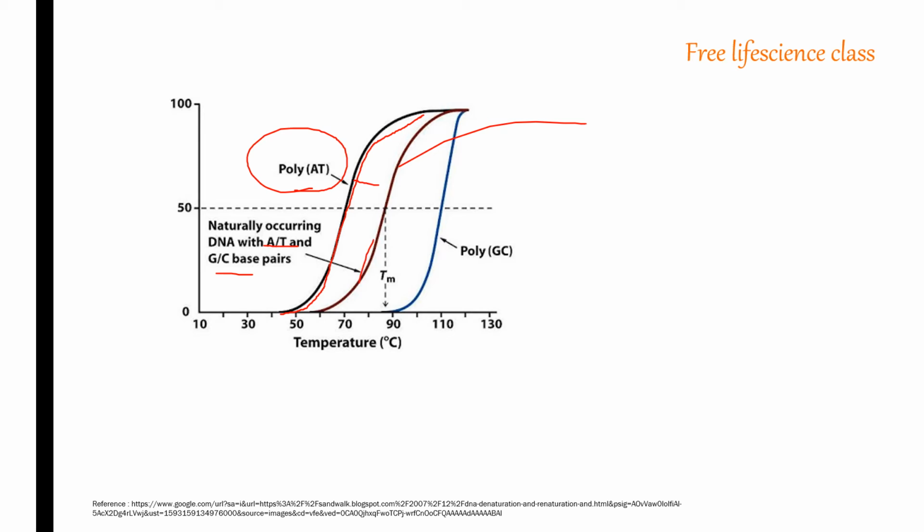And if I increase the GC content of this DNA, what happened? The graph shifted to the right. That is, higher temperature is needed if GC content is greater. So definitely the melting temperature and GC content are proportional. That is, if GC content is more, then we need more temperature for denaturing the DNA.